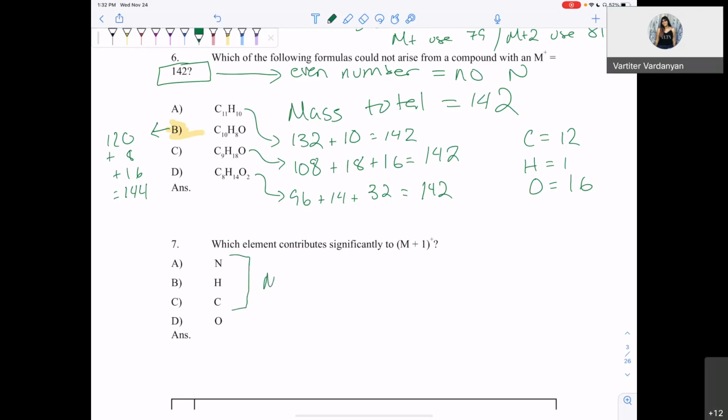So this is all M+1. This is M+2. The most significant contributor is going to be carbon, because there is such a teeny, tiny percent of hydrogen and nitrogen isotopes. Pretty much the whole peak you see for M+1 is going to be the carbon isotope, which is carbon 13.